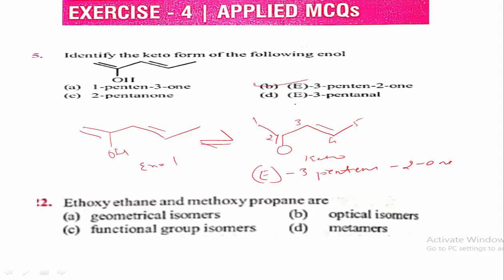Next, question number 12, students. Ethoxyethane and methoxypropane are. Okay, I think in the theory class I already discussed this question. What is the correct answer, students? Ethoxyethane means the structure is C2H5OC2H5.